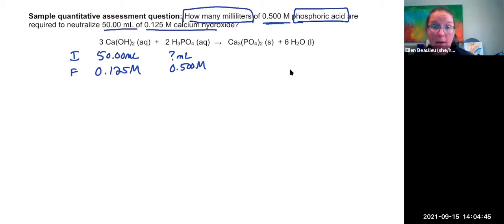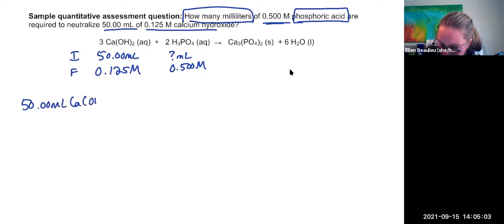I am doing a stoichiometry. In this case, we have 2 aqueous solutions. So we're going to start with the reactant that we know, and we're going to relate it to the thing that we need to know. So I know I have 50 milliliters of calcium hydroxide. I want to relate it to phosphoric acid.